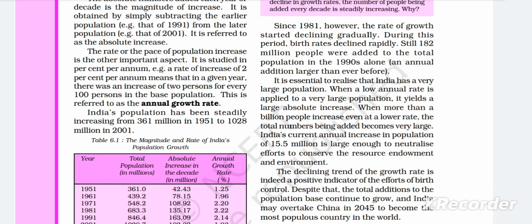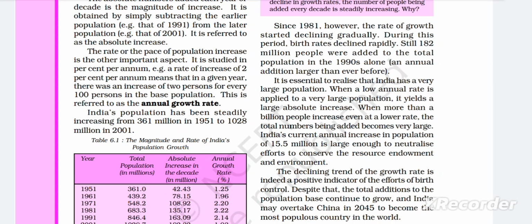Why? Because the population is already very high, and with the high population, even the lower growth rate will increase the population. It is essential to realize that India has a very large population. When a low annual rate is applied to a very large population, means the population is large and the growth rate is low, but still the number is increasing.